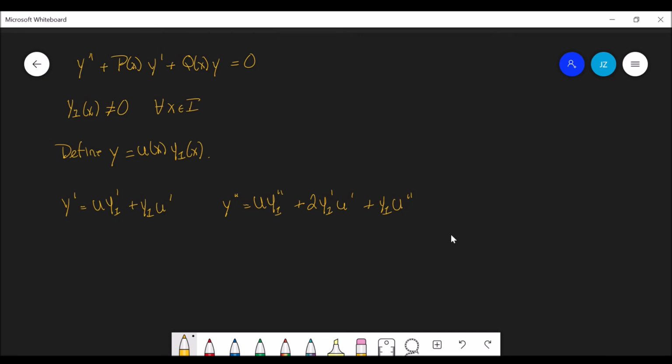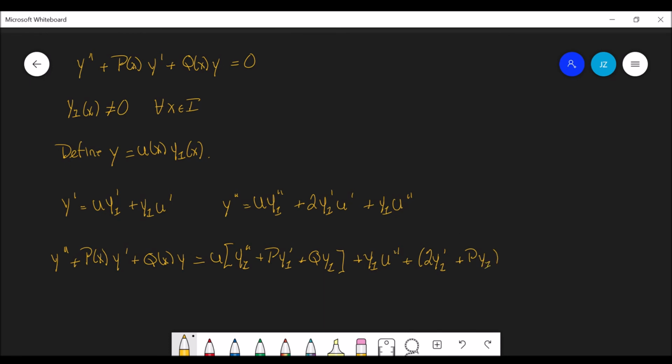If we substitute all of this in, then y double prime plus p of x y prime plus q of x y will become, with some algebra that I leave to you, u times (y1 double prime plus p y1 prime plus q y1) plus y1 u double prime plus (2 y1 prime plus p y1) times u prime is equal to 0.